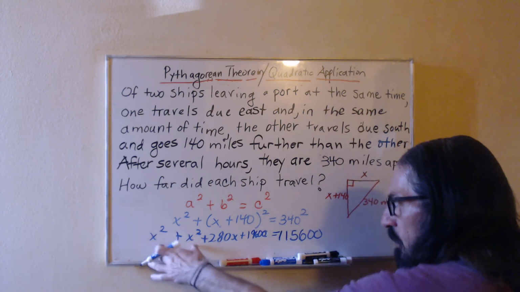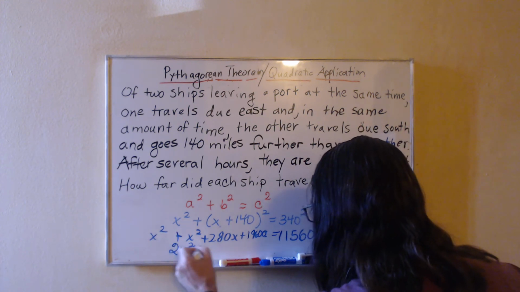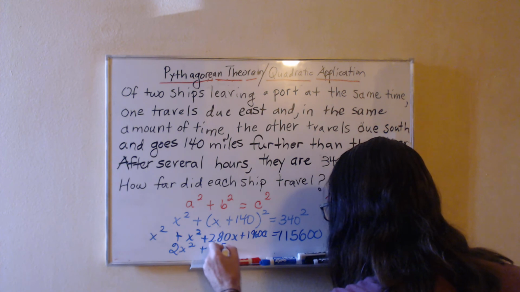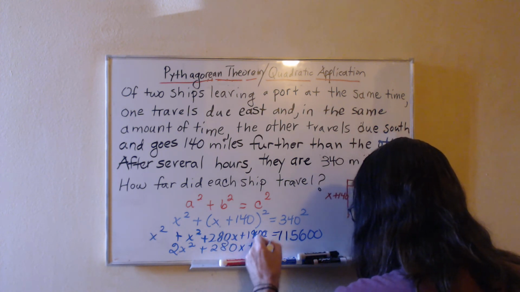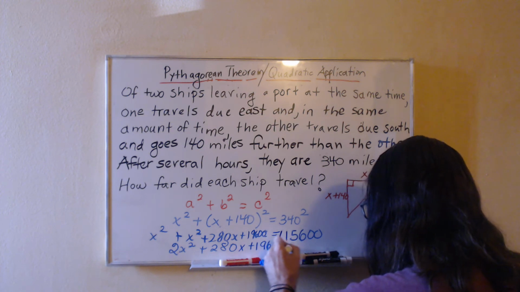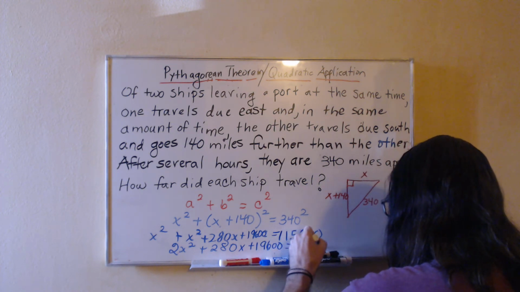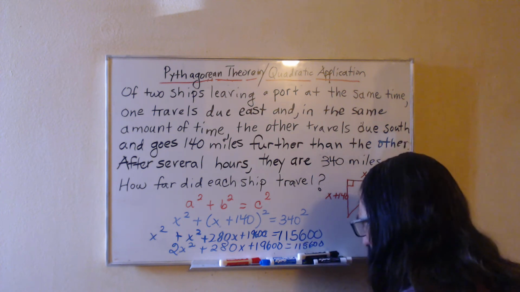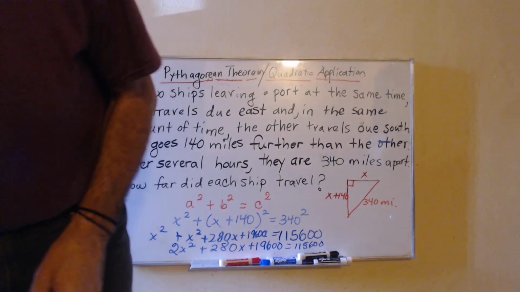So I'm going to combine these like terms. And since all of these numbers are even, I'm going to divide all of them by 2.